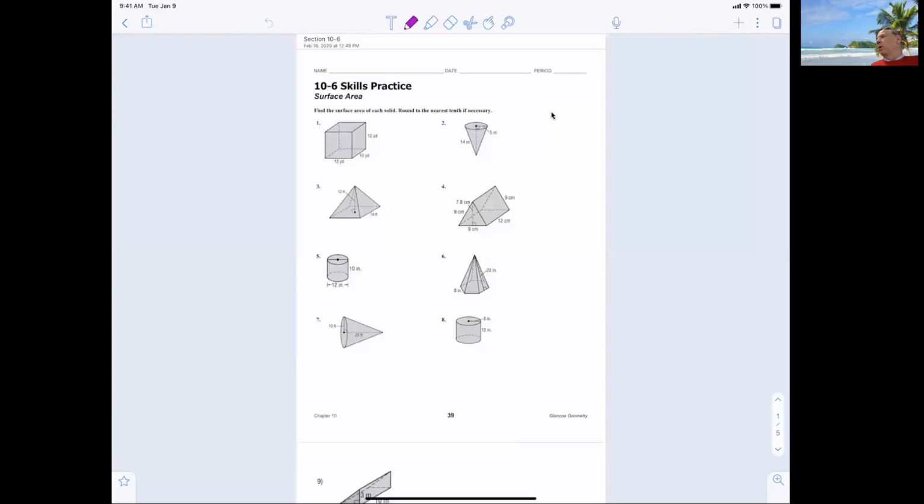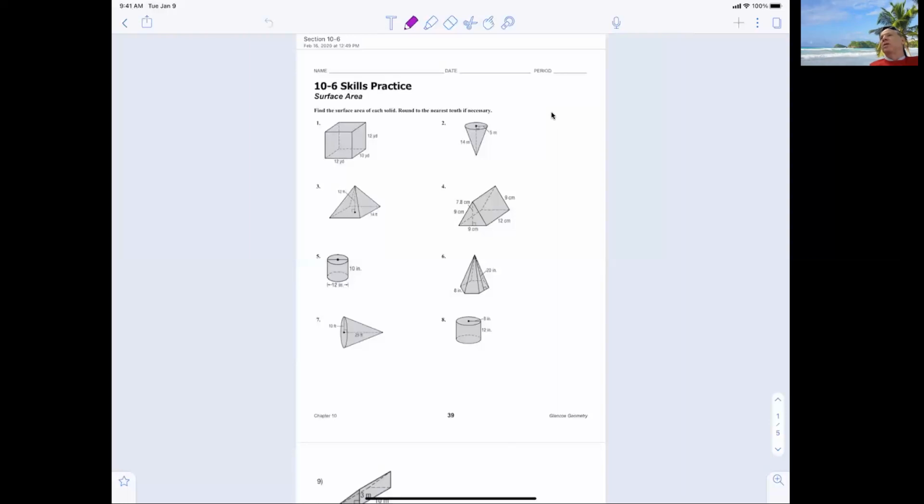However, our difference is we know shapes better. I'm not saying this shape is made up of 6 rectangles, so find the area of the 6 rectangles and add it together. This is a cylinder, so you add the 2 circles, and then you add what's around.